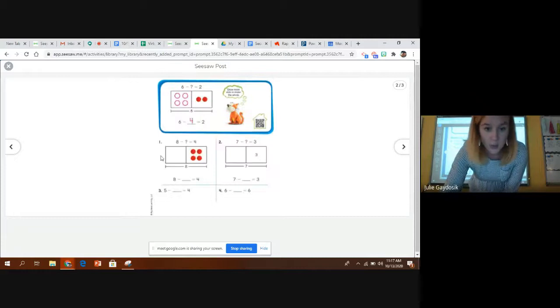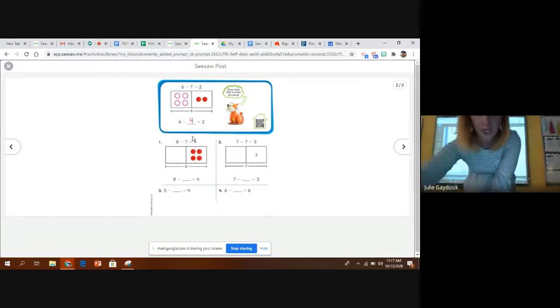Okay, you will be solving these problems. If you'd like to, and you're solving them in your workbook, that's fine. And you have room, I double check with an open number line. If you're solving them here on the template, I would solve them with an open number line to double check your work. It's great practice. There's no wrong practice. It is fantastic practice. So do not think that it is poor practice.